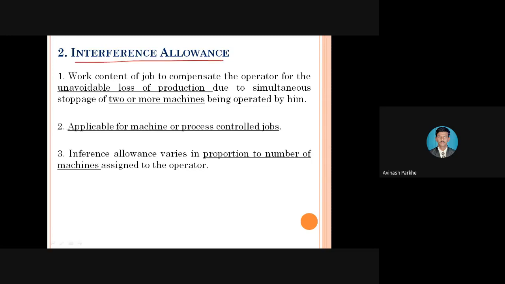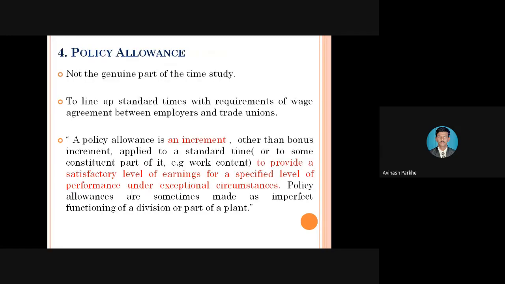So these are the interference allowances, and then the policy allowance. As I have explained, here we have to provide the wage agreement between the employee and the trade unions. For this particular allowance, the operator will not demand whatever additional facility is there in the industry. If the management wants to provide that additional facility to that particular worker, then he can provide it.